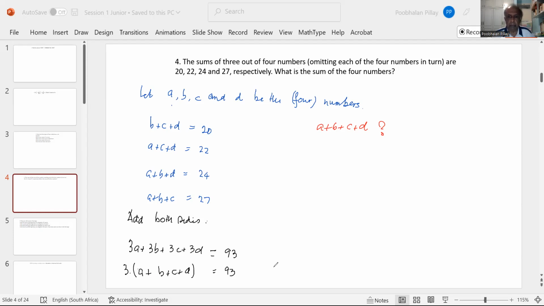And there you have it. Because we've got A plus B plus C plus D, A plus B plus C plus D is equal to 93 divided by 3. And 3 goes into 9 3 times. 3 goes into 3 once. So the answer is 31. The answer to this problem, the sum of the 4 numbers, is what they asked us for. And the answer is 31.